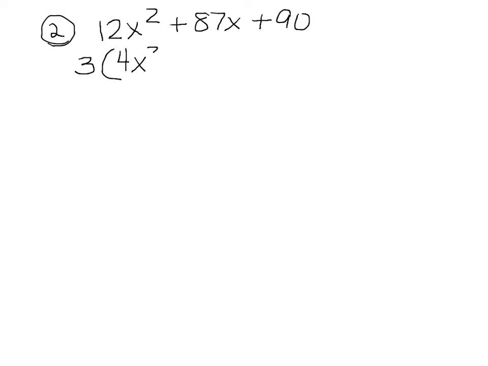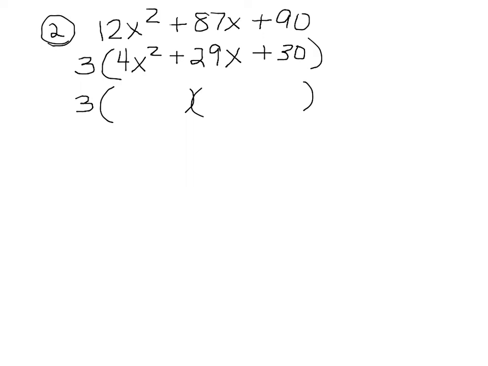So now I'm left with 4x squared plus, then you have to find out what 87 divided by 3 is, and that is 29x plus 30. So the 3 is going to stay on the outside, and now I'm going to take what's on the inside and factor that.